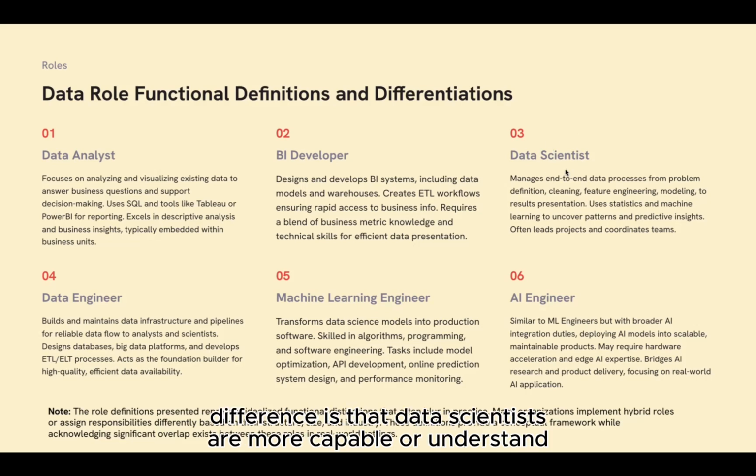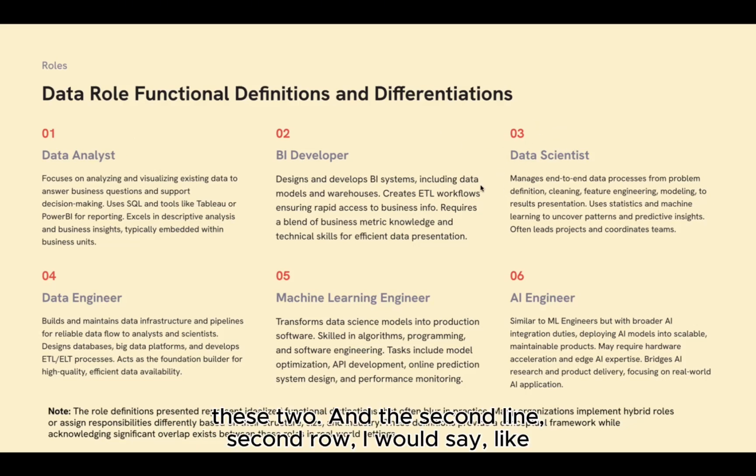The key difference is that data scientists are more capable in machine learning and end-to-end data production, and the data analysts and BI focus more on insights, visualization, dashboards, and ETL. So that's how I see the difference between these two.